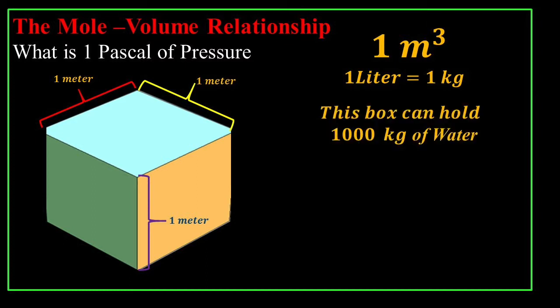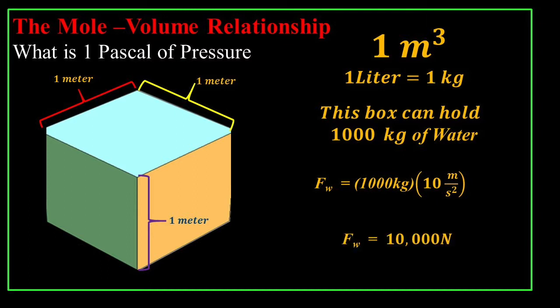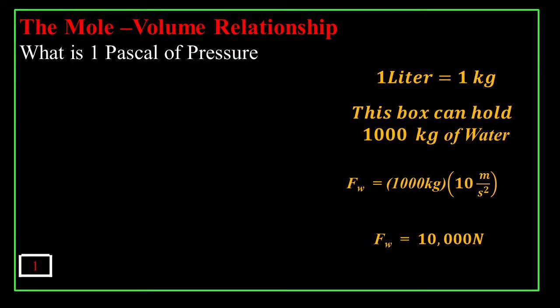Therefore 1,000 liters equals 1,000 kilograms, so this box can hold 1,000 kilograms of water. 1,000 kilograms times the acceleration due to gravity, which is 10, is 10,000 newtons. So it's 10,000 newtons per square meter. Do you get that?